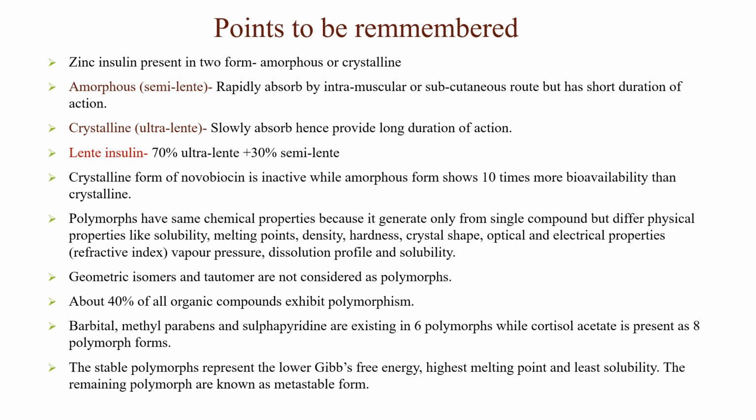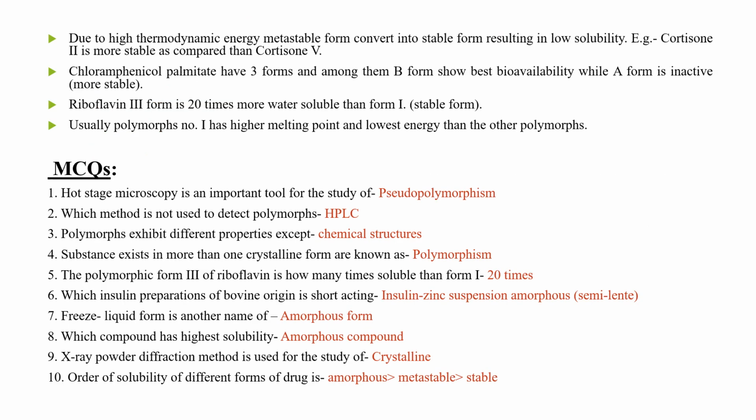The stable polymorph represents the lowest Gibbs free energy, highest melting point, and least solubility. The remaining polymorphs are also known as metastable forms. Due to high thermodynamic energy, the metastable form converts into the stable form, resulting in low solubility.